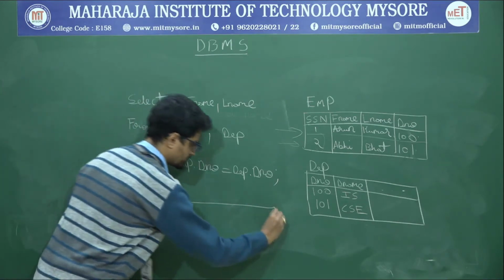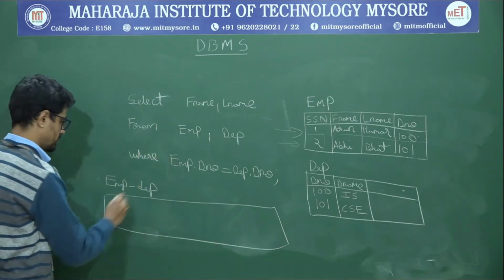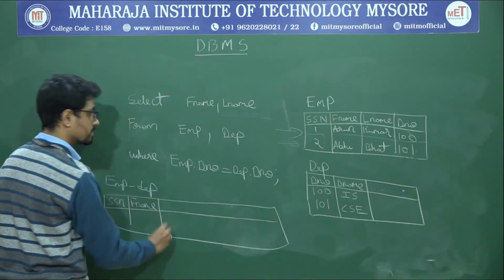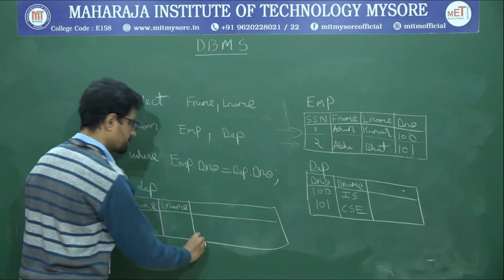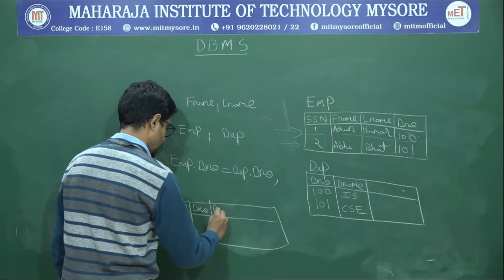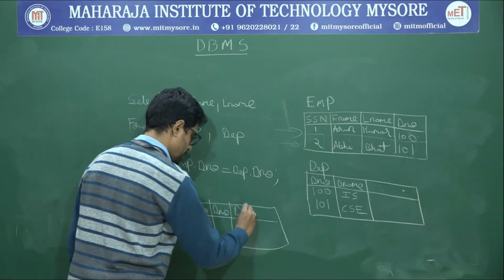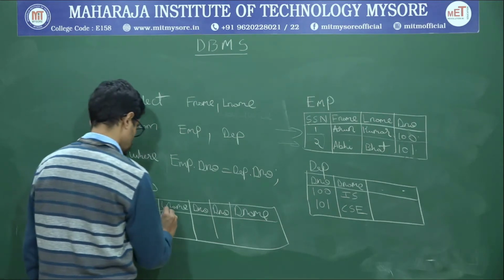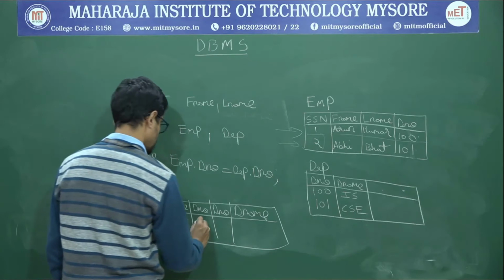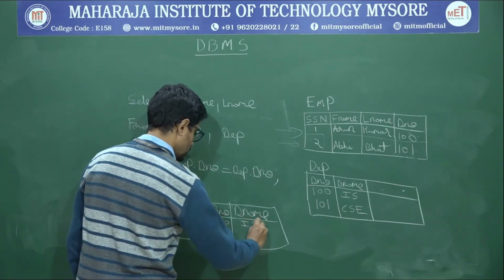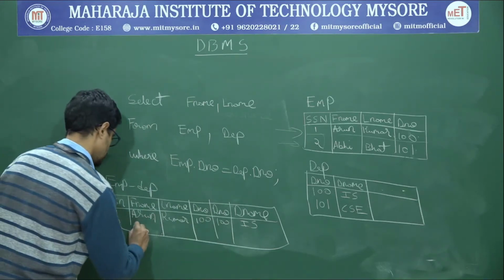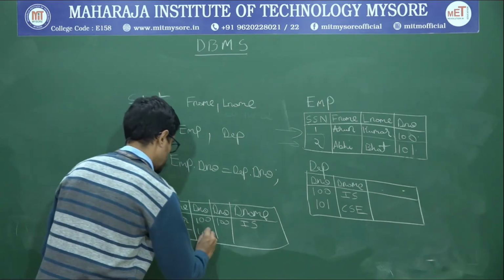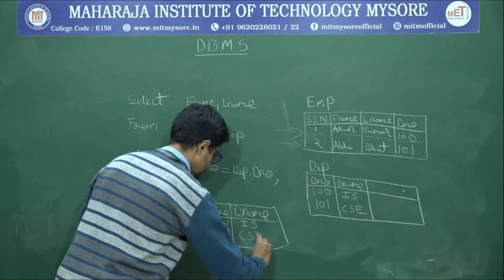Okay, that is a big table of all the attributes, that is SSN, F name, L name, D number, again D number of the department table, then D name, and the values will be 1, Arun, Kumar, number 100, IS, okay, 2, Abhi, and we have the last name and the department number and the department name.